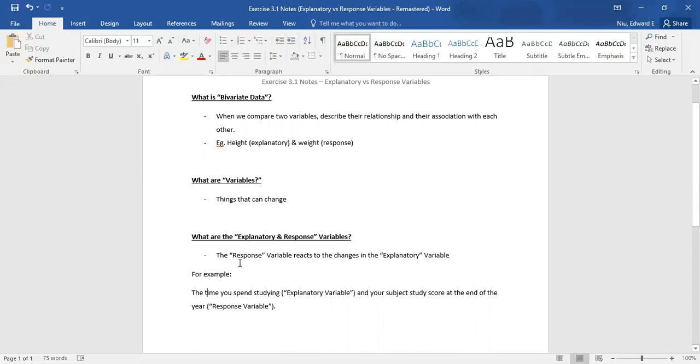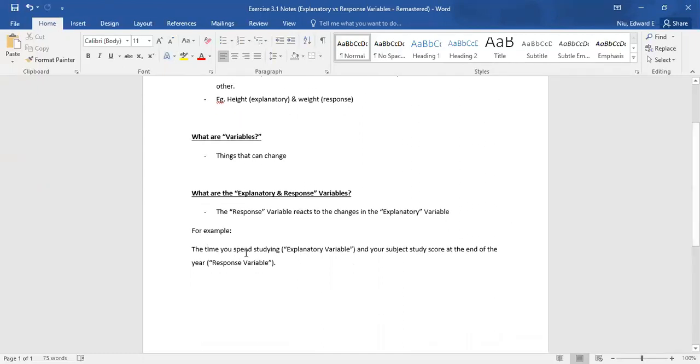In other words, the response variable would be on your y-axis, and your explanatory variable will be on your x-axis. The x-axis is up for you to change, and then the y-axis, or the response variable, will react to the changes on the x scale. Sounds pretty complicated. Let's talk about an example.